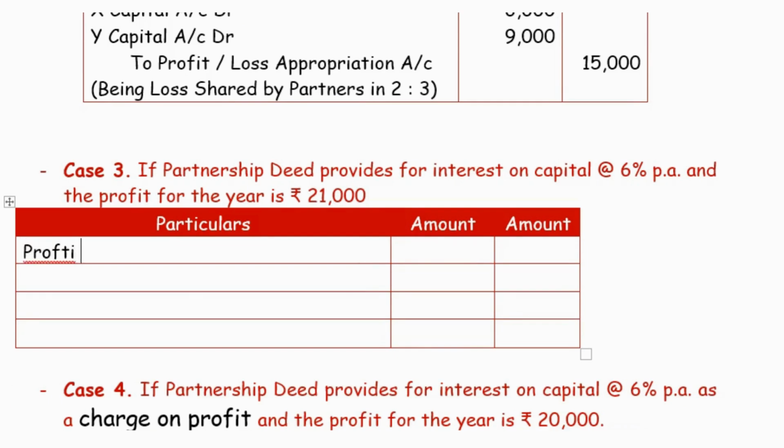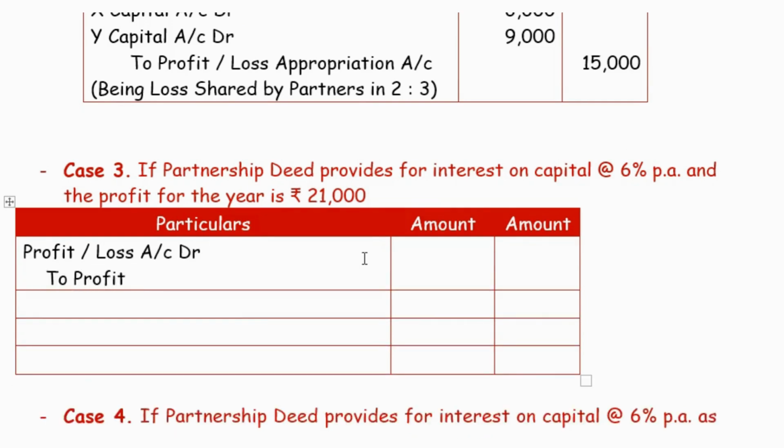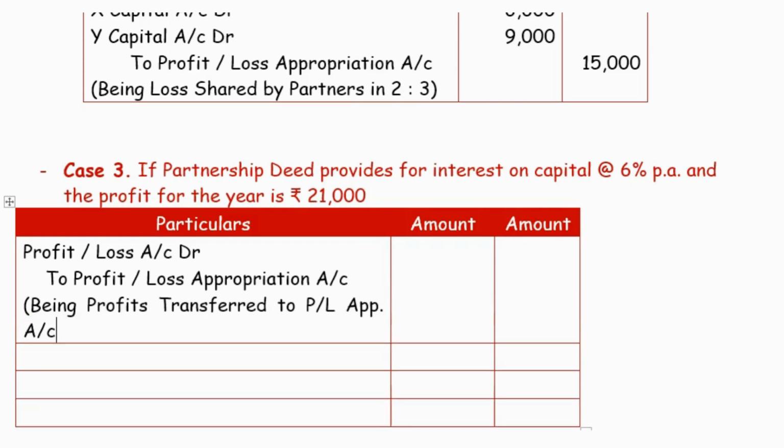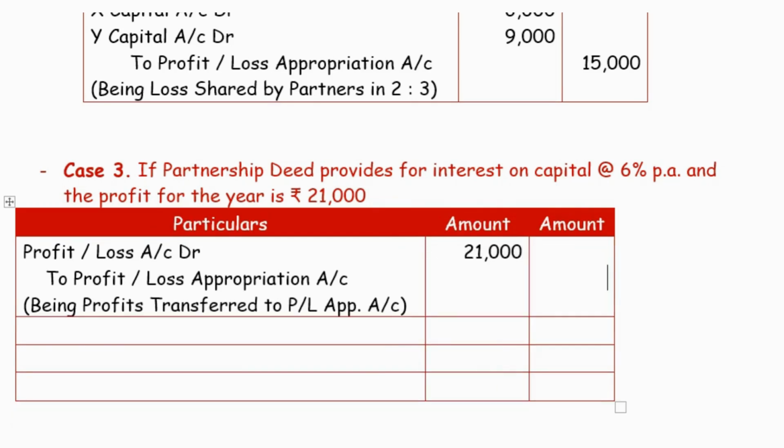Whenever there is a profit, firstly it would be transferred from the normal profit or loss account to the profit or loss appropriation account, being profits transferred from P&L account to P&L appropriation account. The amount of profit given in the question is 21,000.